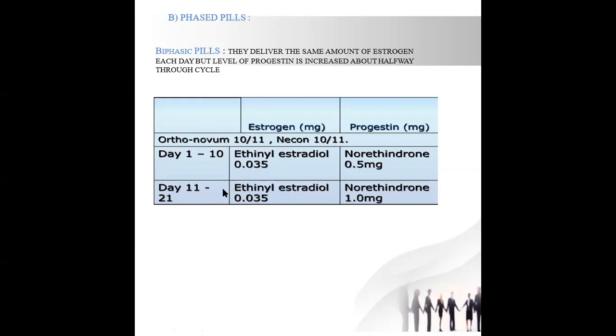Whereas from day 11 to day 21, ethinyl estradiol is again the same concentration, 0.035 milligrams, whereas norethindrone is increased to 1 milligram from the 11th day to 21st day. That is why they are called biphasic pills. So here the progesterone concentration is doubled after the mid half of the menstrual cycle.